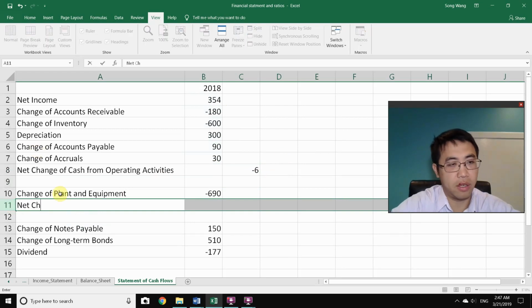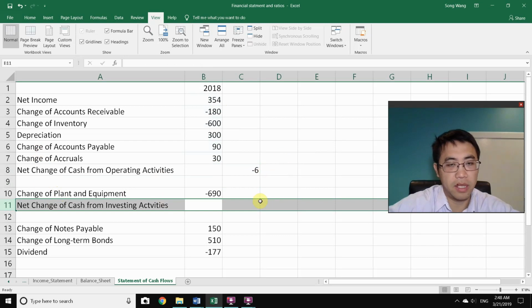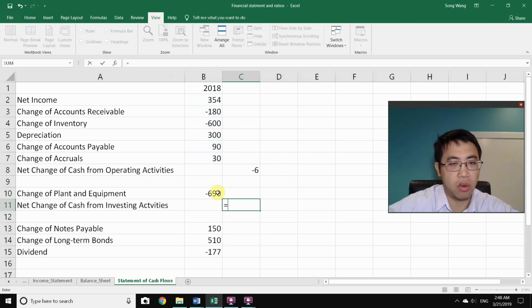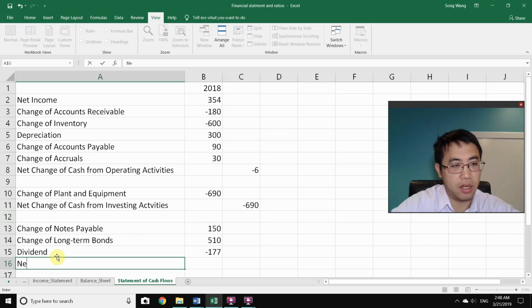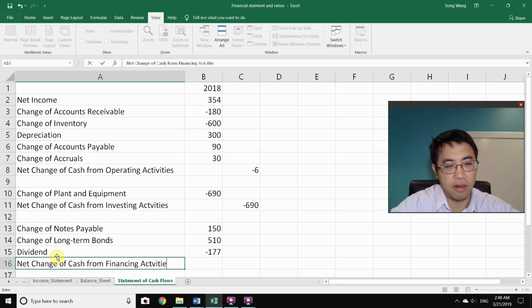Say that change of cash from investing activities. Basically it is just only one item. And then the next one, net change of cash from financing activities.